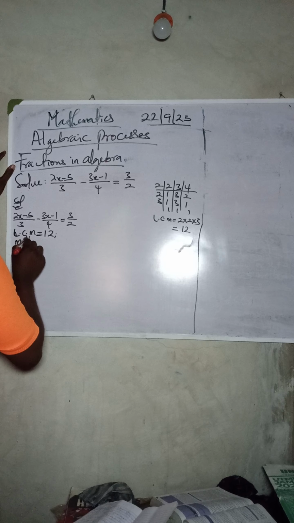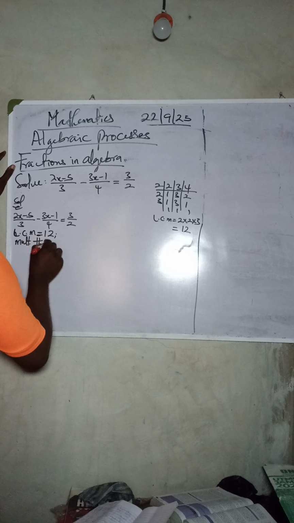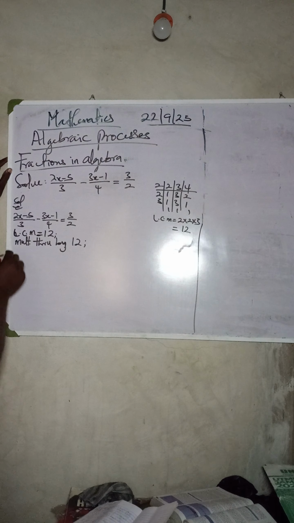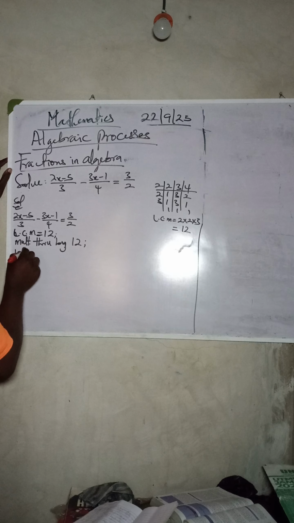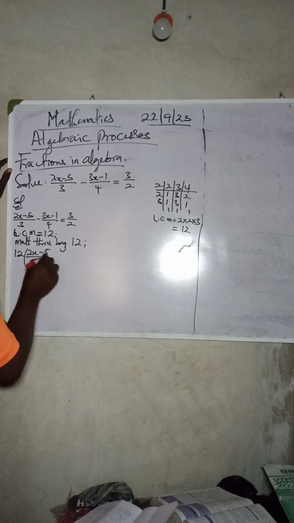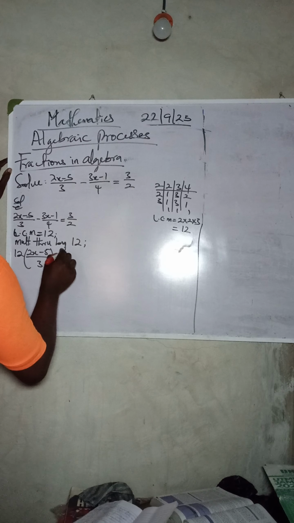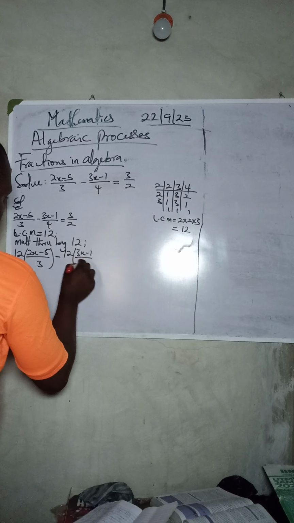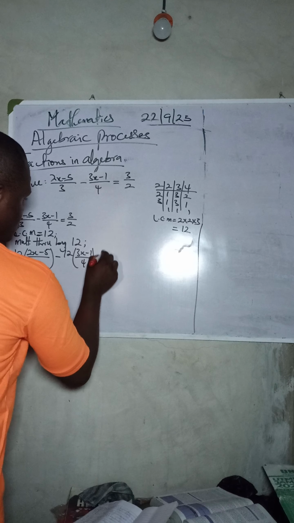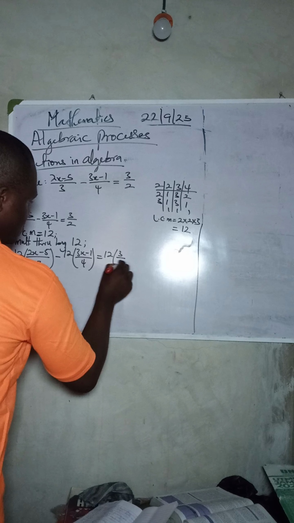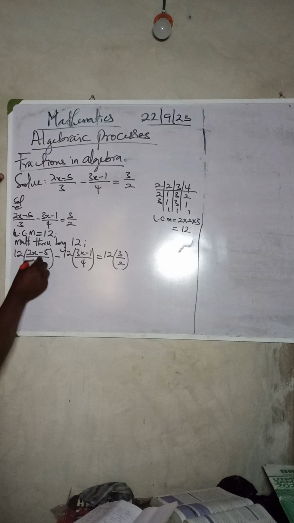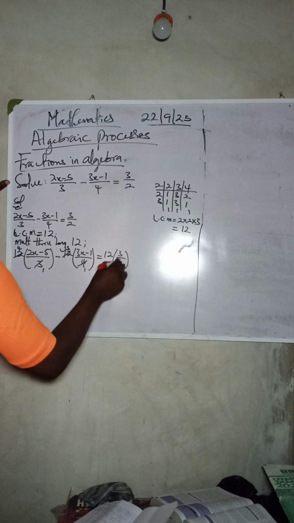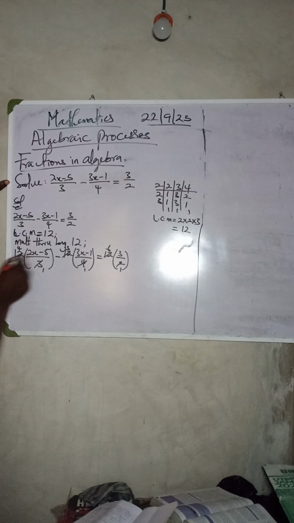Multiply through by 12. We have 12 into 2x minus 5 over 3 minus 12 into 3x minus 1 over 4 is equal to 12 into 3 over 2. Now this one will take care of this, I have 4. This one will take care of this, I have 3. This one will take care of this, I have 6.